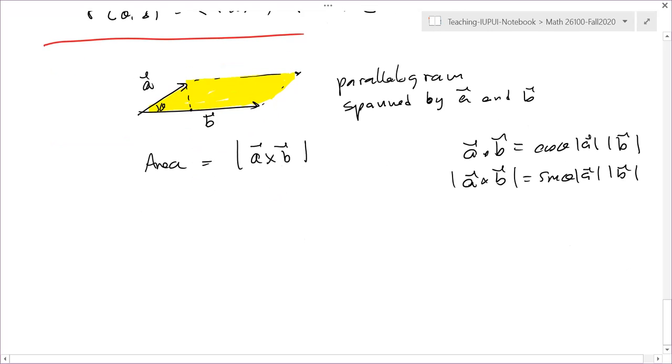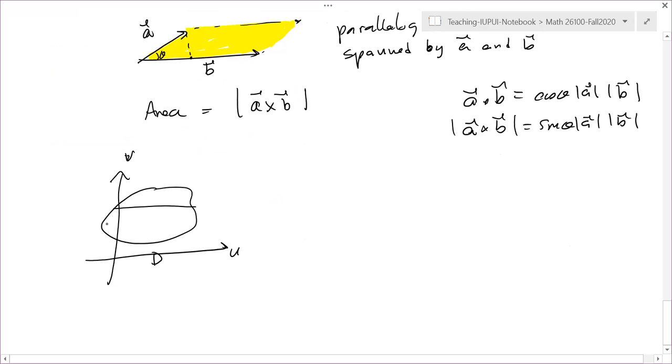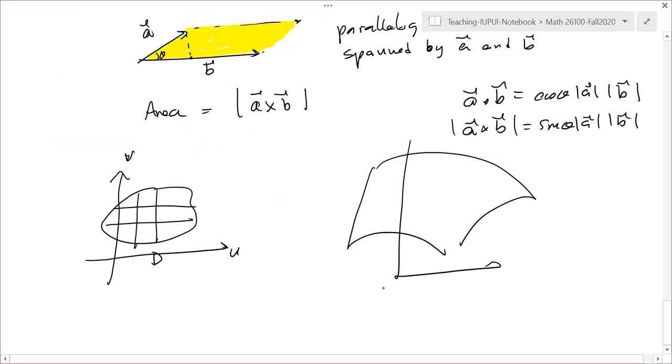All right, so we needed that. Okay. So now I'm going to consider a nice domain here, D. Okay, I'm going to look at this now. And here's the surface in the XYZ space. So I have a map R. Okay, and here's the point, here's (u,v), right?